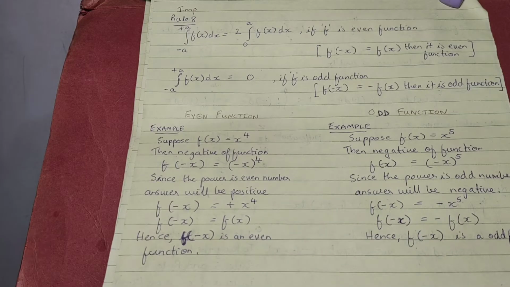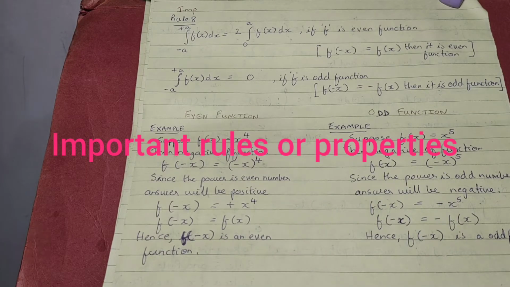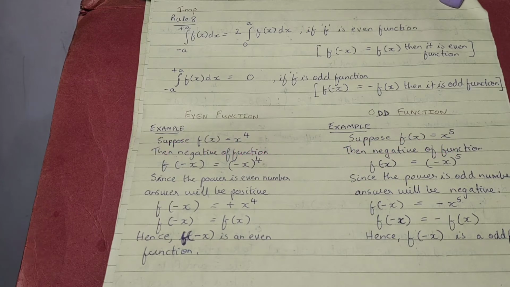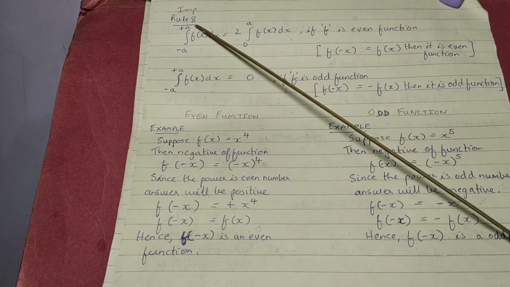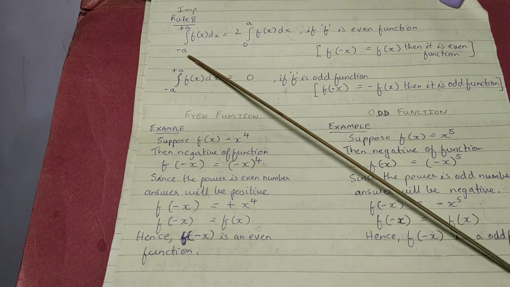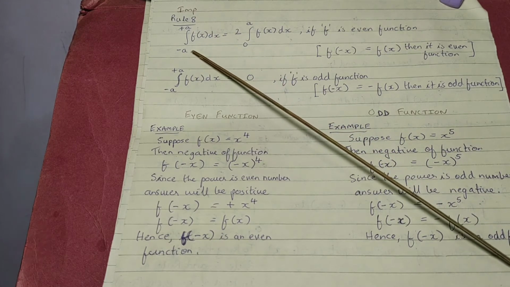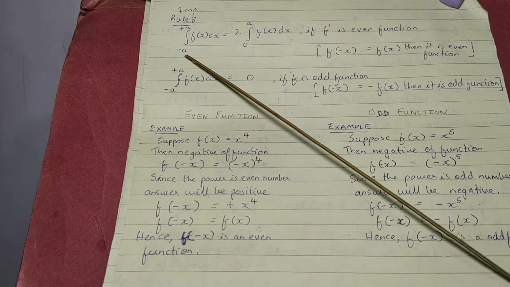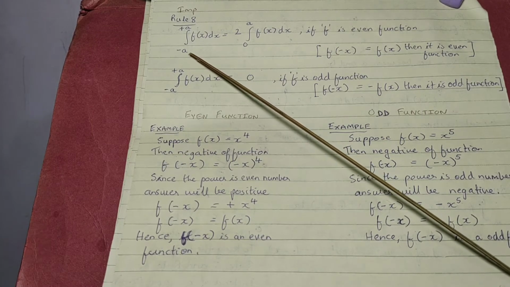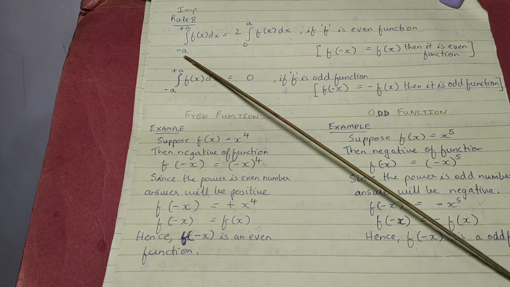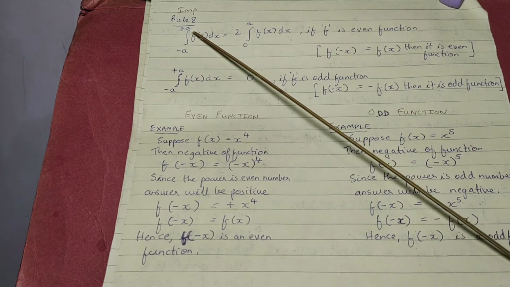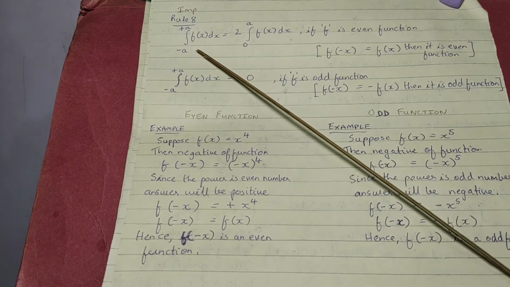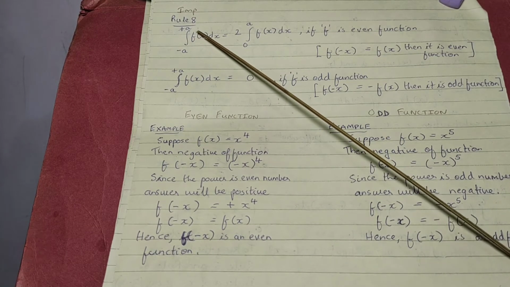One more important property which you need to know in order to solve 6.2 problems is property number 8. Here there is only one difference: you have to concentrate on the limits. The lower limit is minus a and the upper limit is plus a.